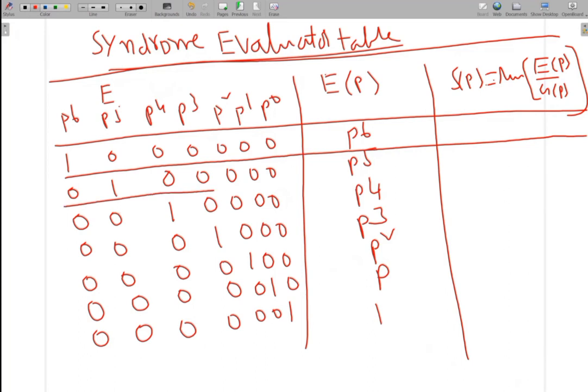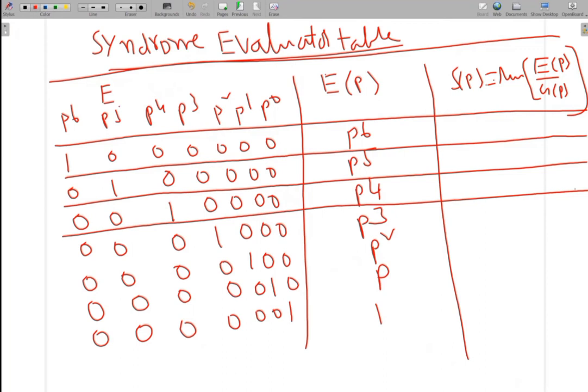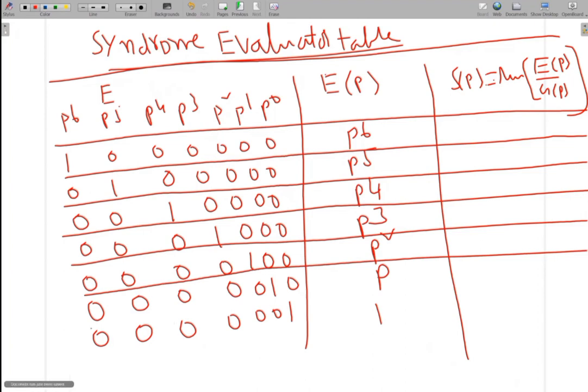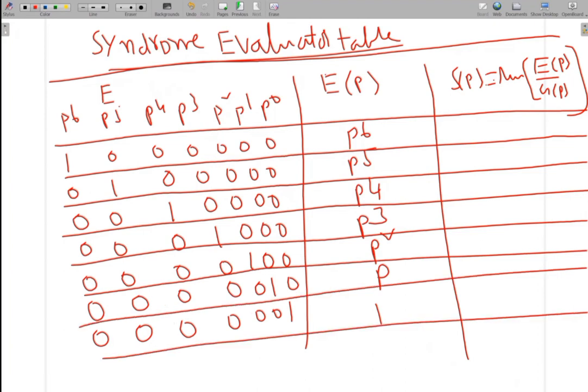Now then calculate this. First one, p power 6.